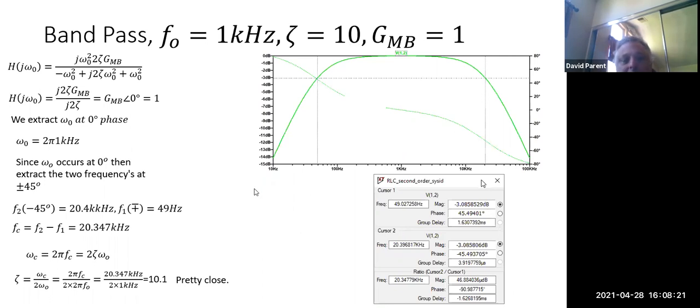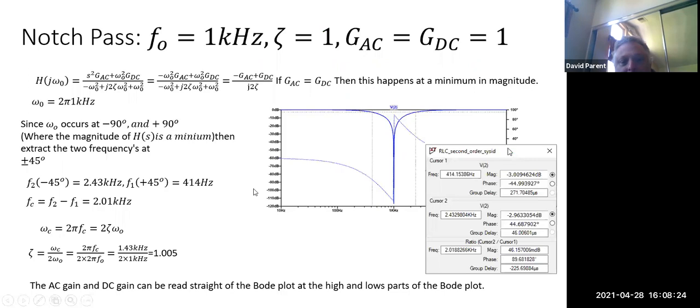And I'm just going to talk a little bit about the notch. Here's the thing we have to fit it to. Here we have 0 phase, then 0 phase, and then right at the middle, the phase changes by 180. Right at that sharp change in the phase, or the smallest part of the transfer function, that's the cutoff frequency.